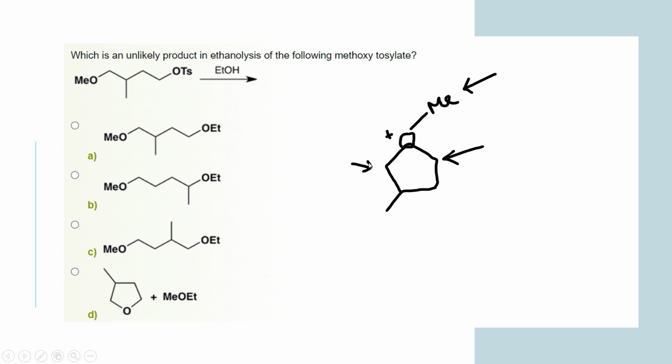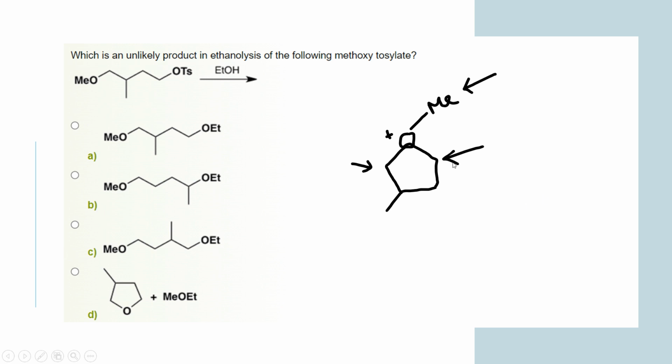What will happen if the ethoxide attacks at this carbon, that product will be option C. So now we know that option C is going to form as a product of this reaction, and you can straight away eliminate option C from this question because you have to choose which product is not going to form. So option C we are eliminating.